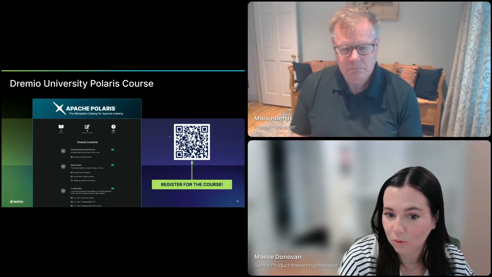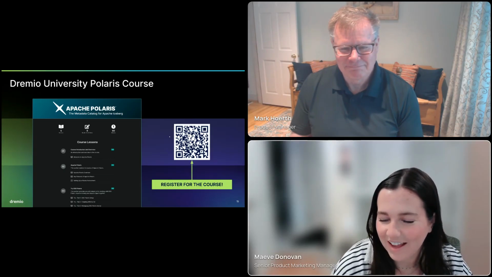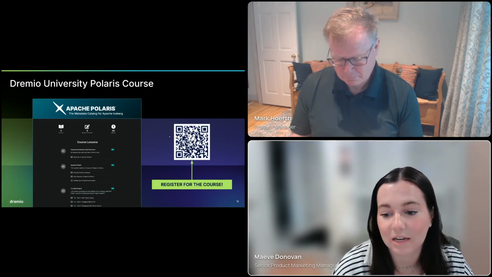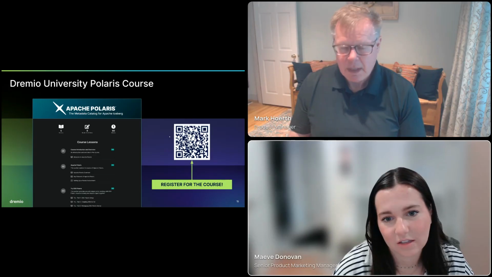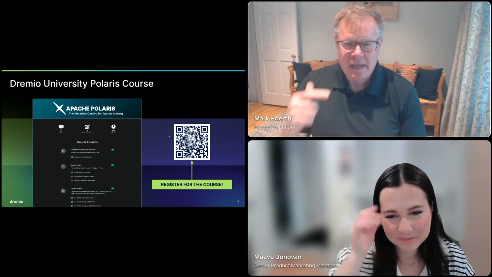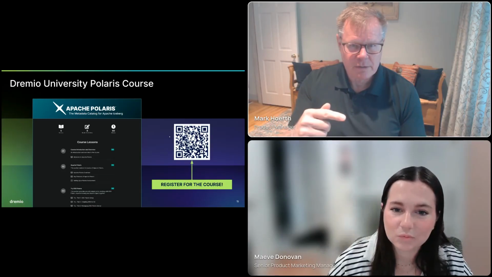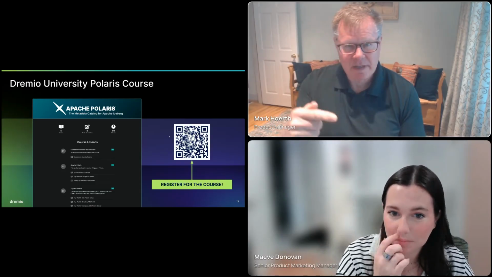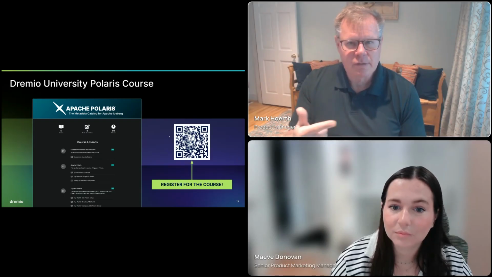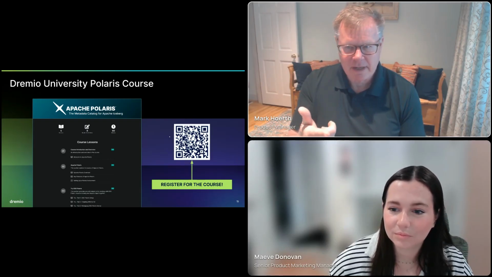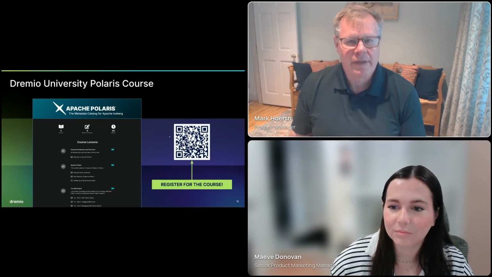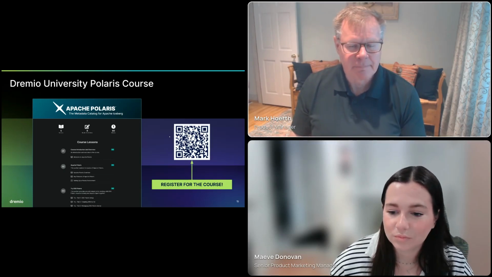Oh, beautiful! And one more question. Love this. Another one from Guillaume. Does that reflect the IDP integration? I'm sorry we didn't get a lot of time to talk about IDP integration, but the users that we used in the FGAC policies could have either been locally authenticated users. That's Dremio's term for users that are authenticated through a password within Dremio, or they could have been externally authenticated users through an IDP.